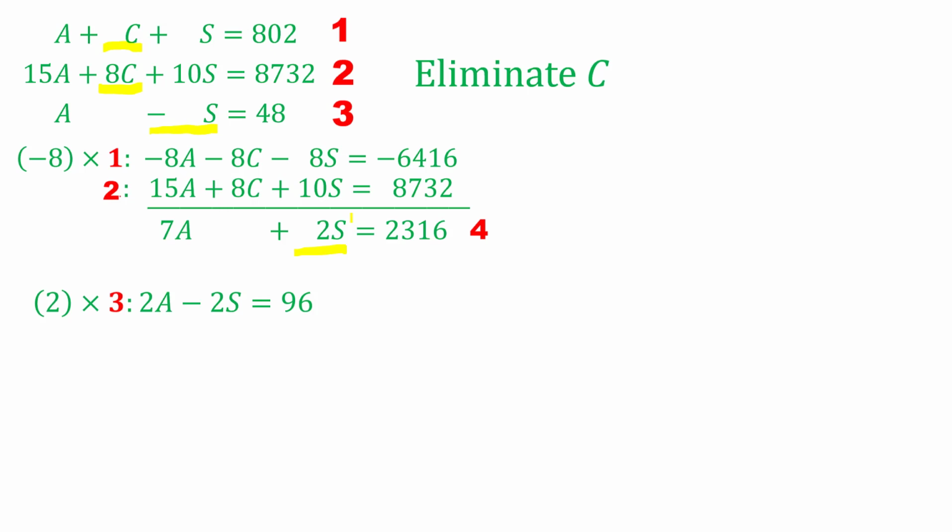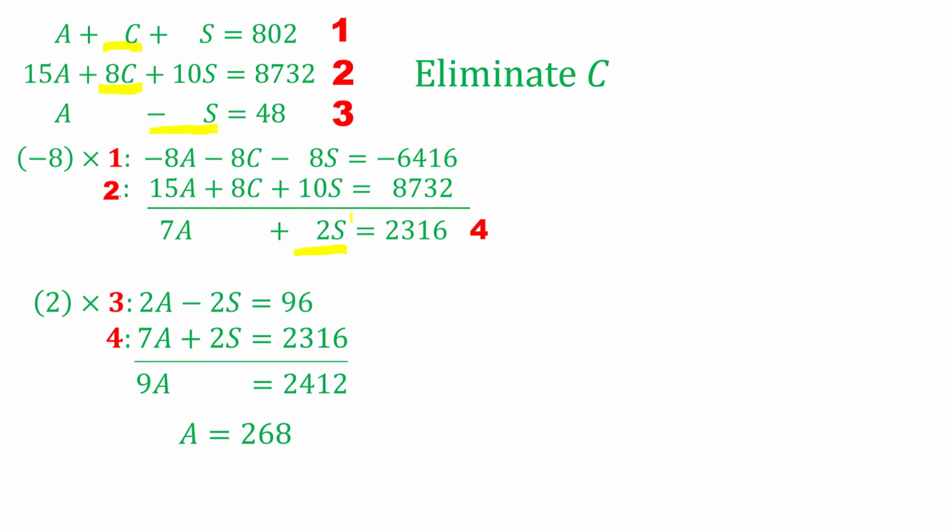That would give us 2A minus 2S equals 96. We add that to equation 4, 7A plus 2S equals 2,316, to get 9A equals 2,412. Solving for A gives us A equals 268.